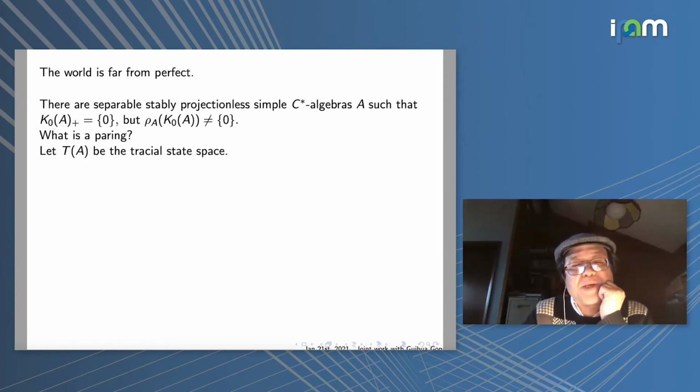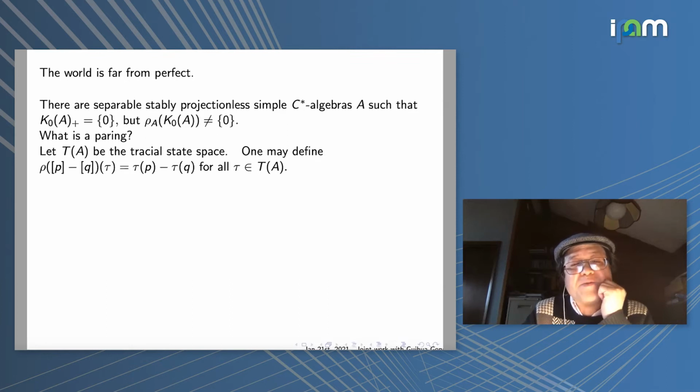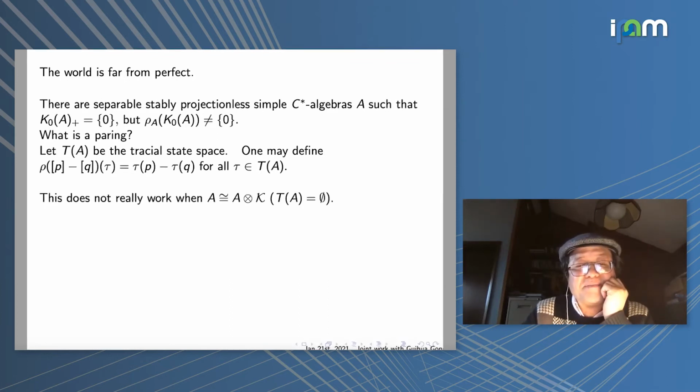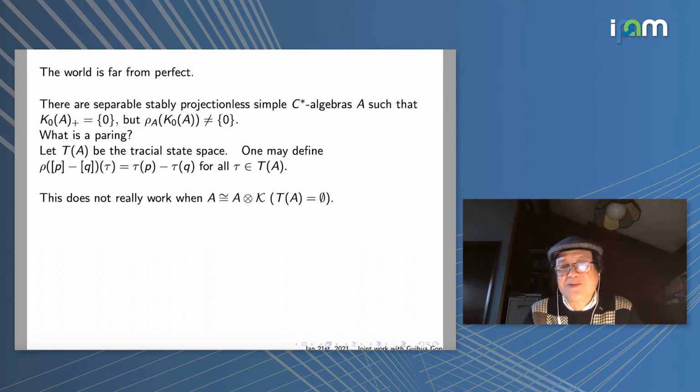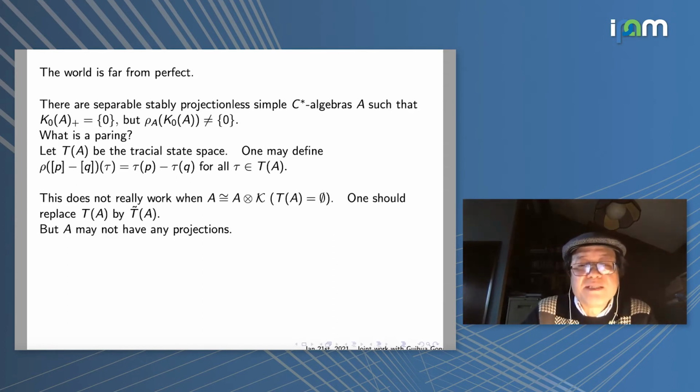Well, if you have a tracial state space, one may just define the pairing the usual way. But it doesn't really work in general, right? If you have a stable C-star algebra, the tracial state space is empty. There is no trace. So you should really consider densely defined traces.